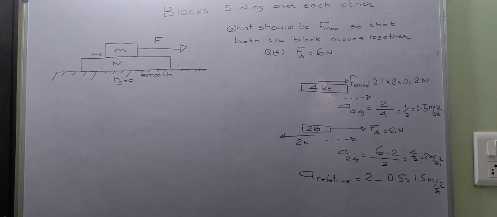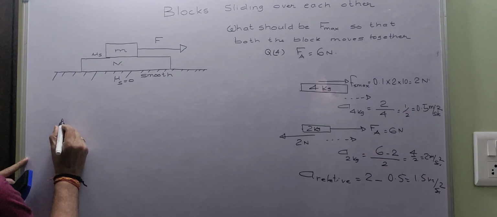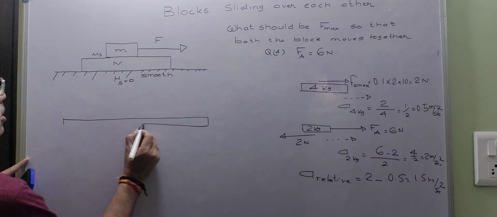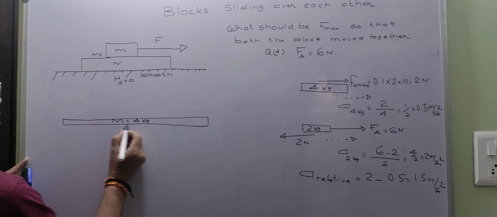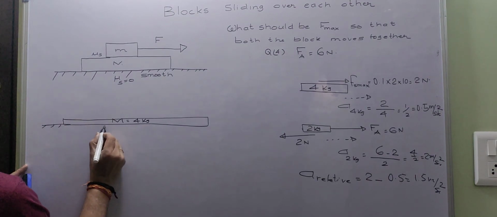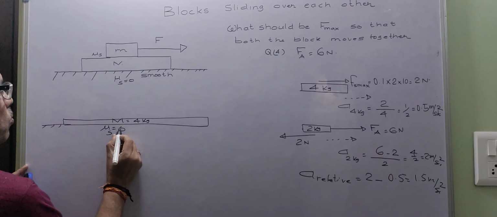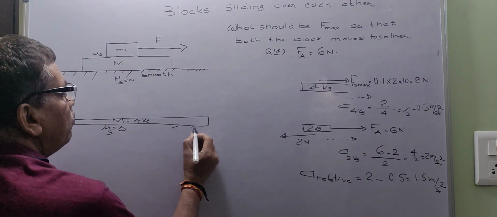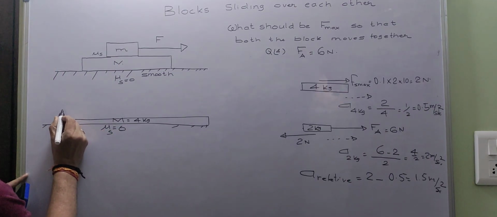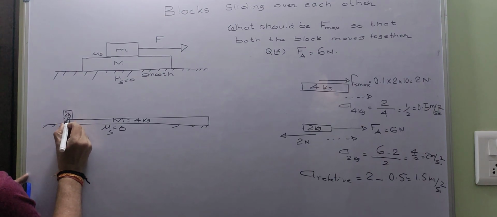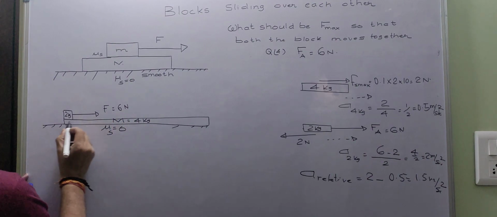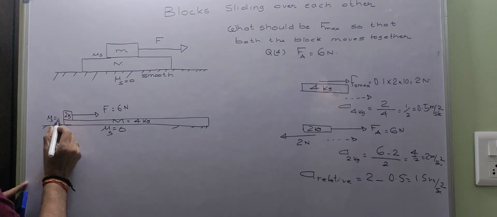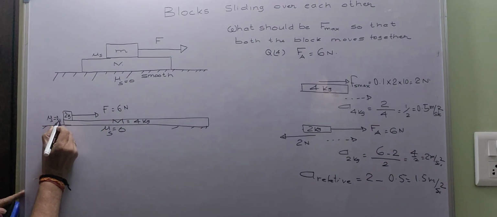Now let us take two blocks, one plank is there, right? And this plank is of mass, let us take 4 kg. This is placed on the ground, and let us take mu s is 0 between the ground and the 4 kg. The block on top is 2 kg, and the force applied here is 6 Newton, right? And the value of mu s between 2 kg and 4 kg is 0.1.